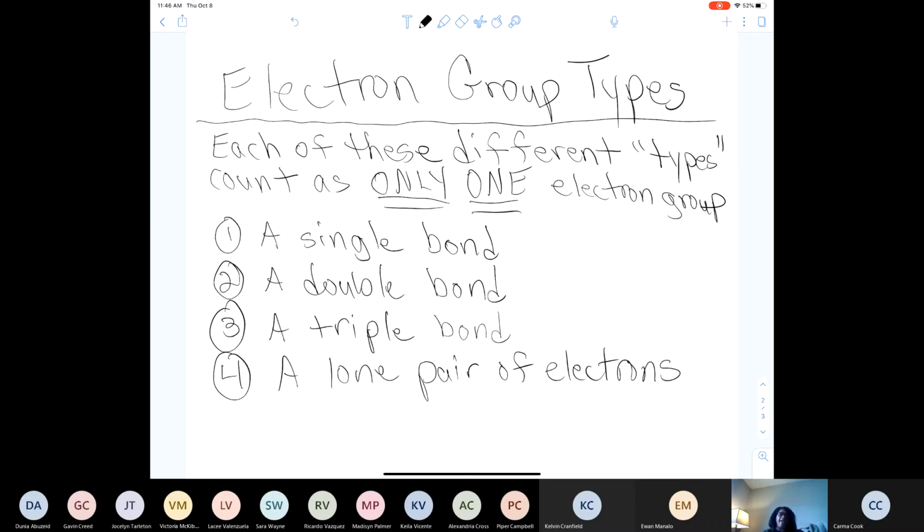Each of these counts as one electron group. Any questions about that?